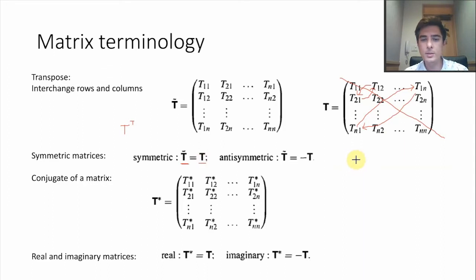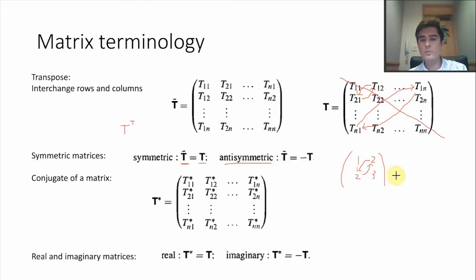A simple example might be 1, 2, 2, 3. If you interchange the rows and the columns, you obviously get the same matrix, because the 2 goes there, and the 2 also goes here, and they're both 2, so it's symmetric.